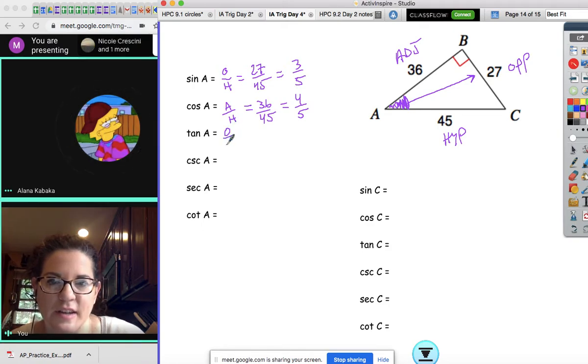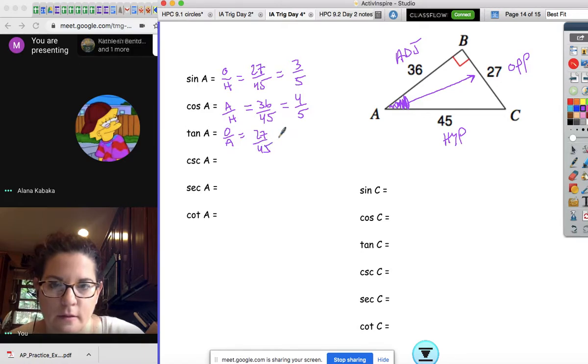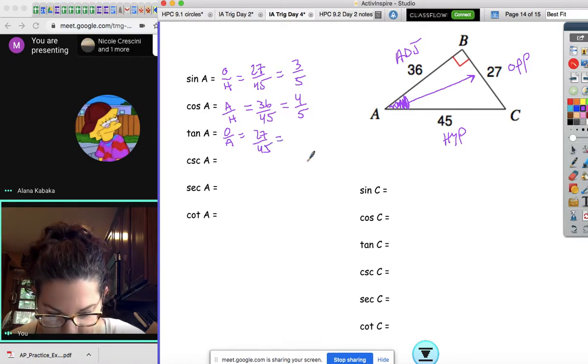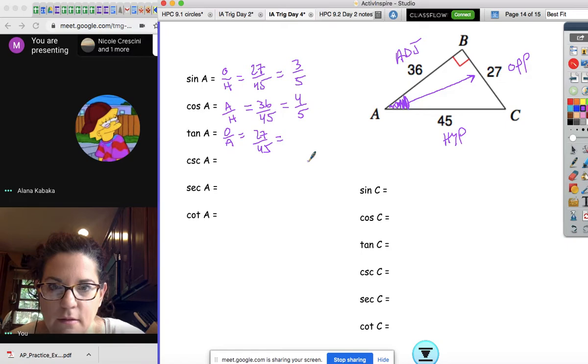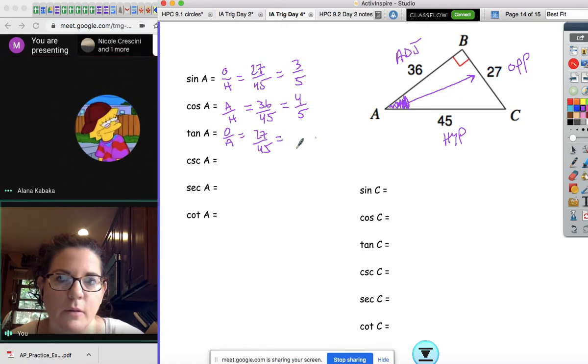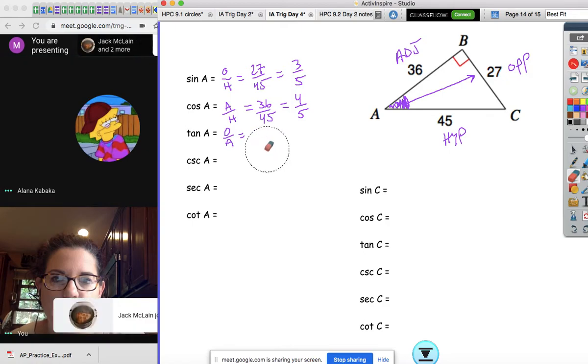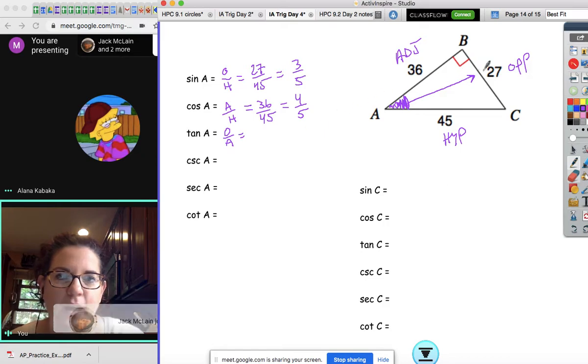So tangent is opposite over adjacent. So that'd be 27 over 45. Did I do that right? Nope, I did not do that right. Tangent is opposite over adjacent, so that'd be 27 over 36.